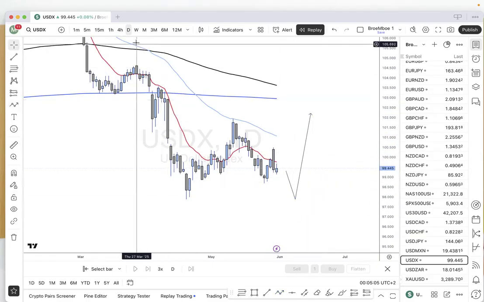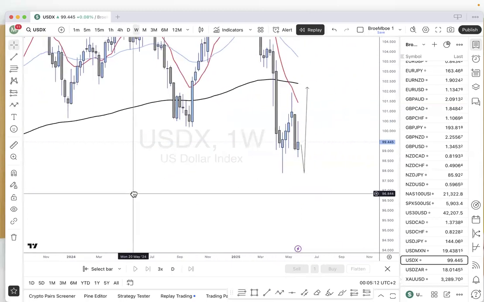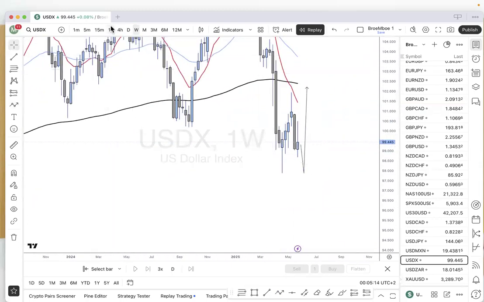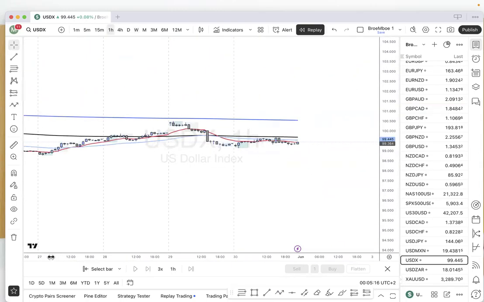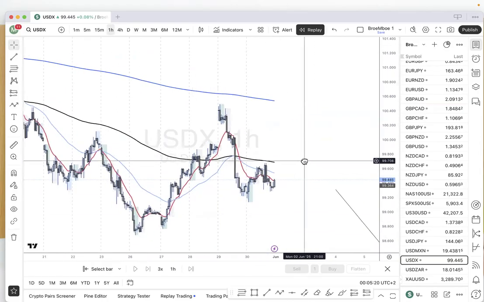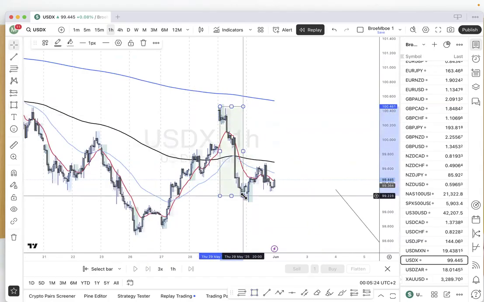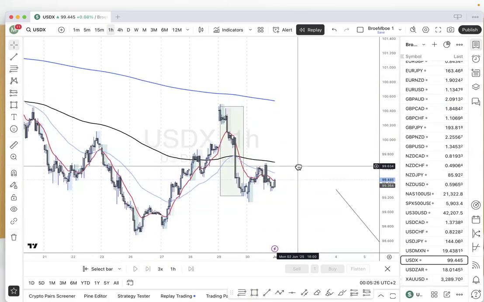So if they are definitely forming that, then it means H1 is resetting. So if H1 is resetting, then we can count this as our level one drop already, most likely.